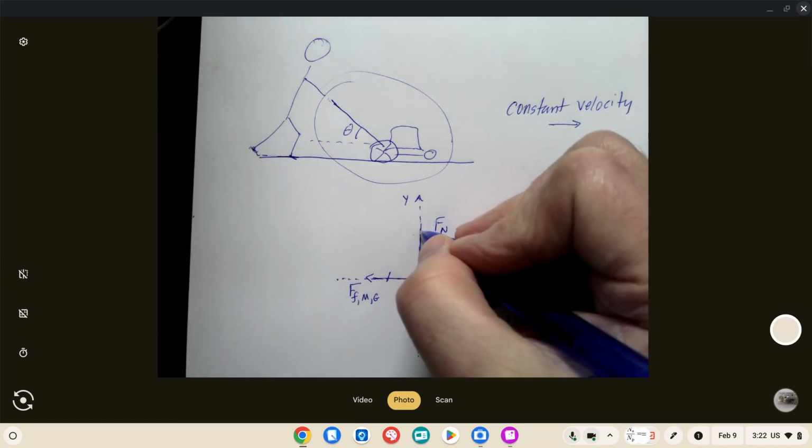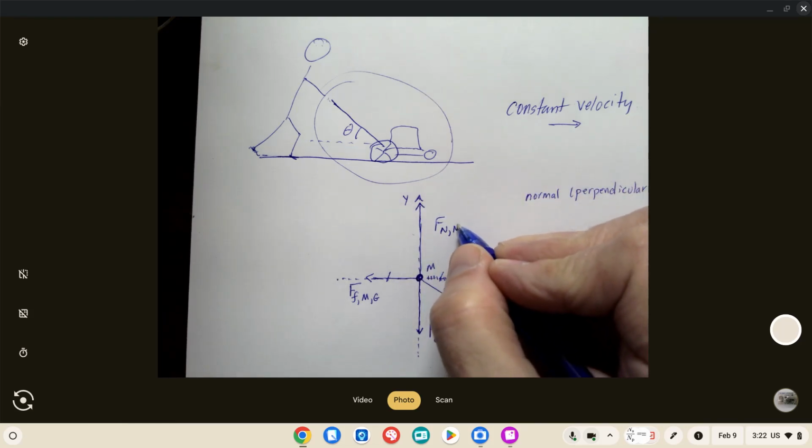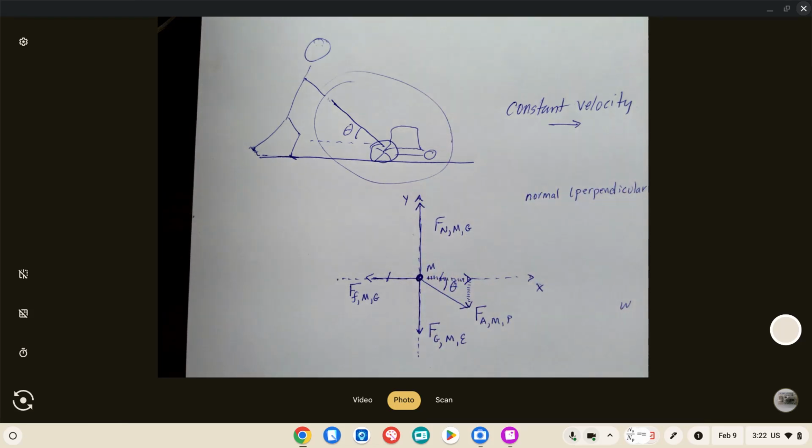So it needs to be pretty long. So this is the force normal on the mower by the ground. This force of gravity and this part of the push from the guy, the part that's pushing down on the handle, downward, balance the normal force. Okay, and I'll try to show you that with some instruments later.